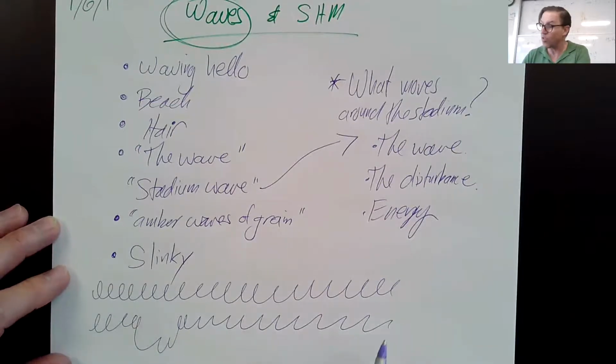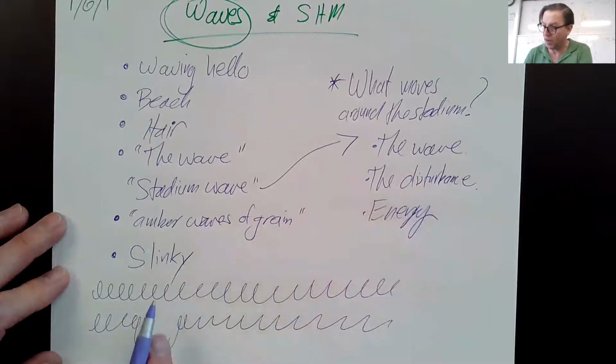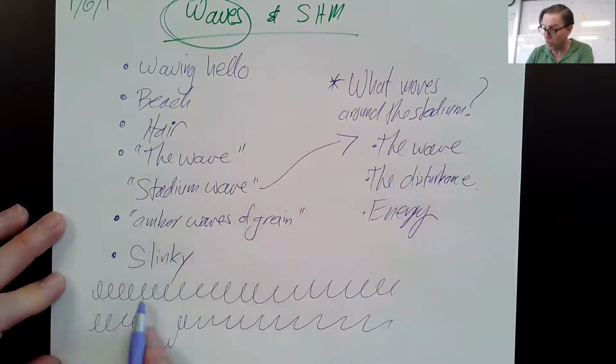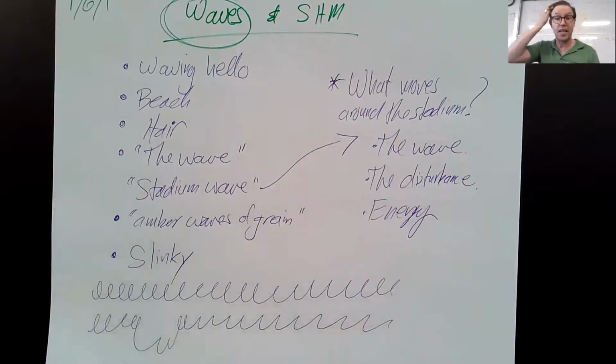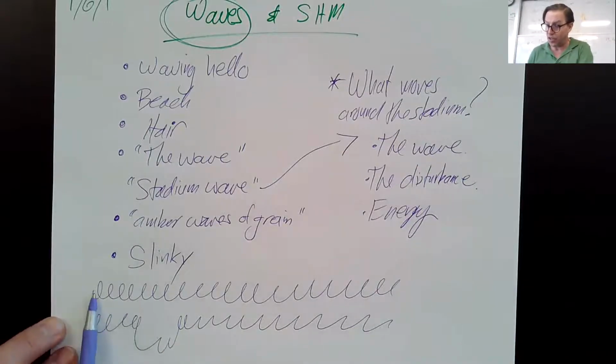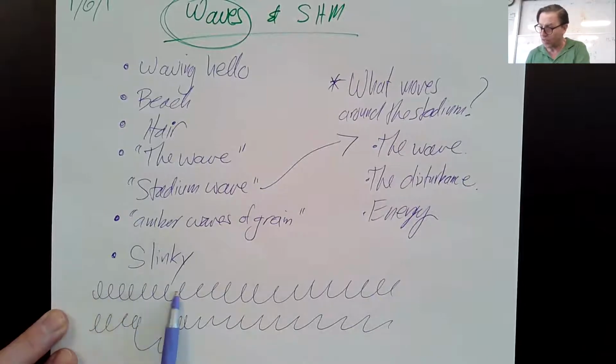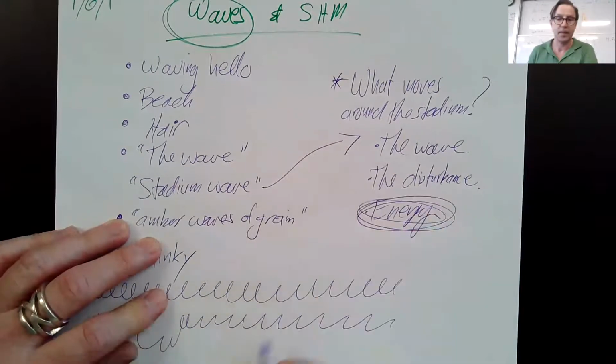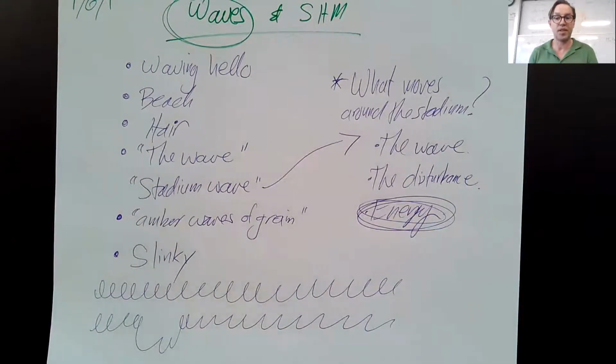So the disturbance moved from here to here to here to here to here to here. The disturbance moved along the slinky, just like in the stadium wave, the disturbance, but not people, moved around the stadium. And similarly, there's energy that starts here that travels along the slinky. So truly, energy moves along a wave.